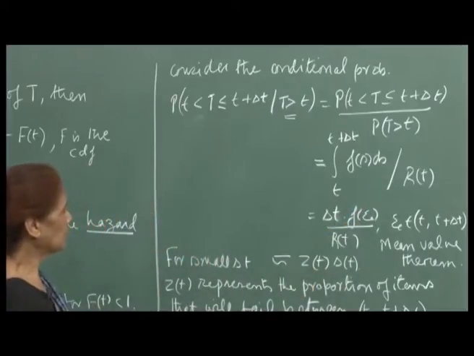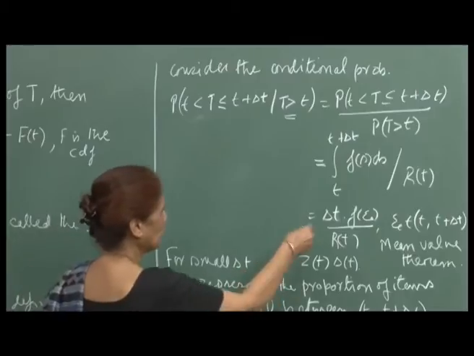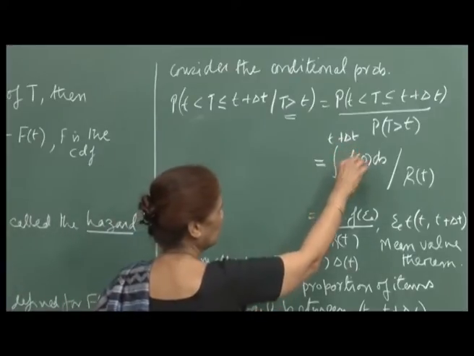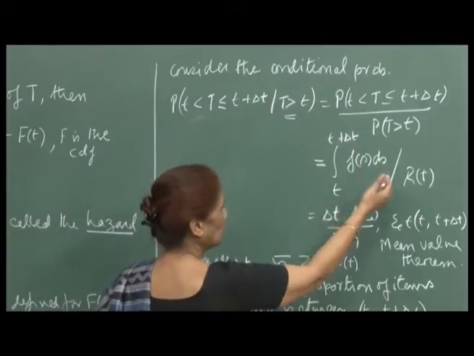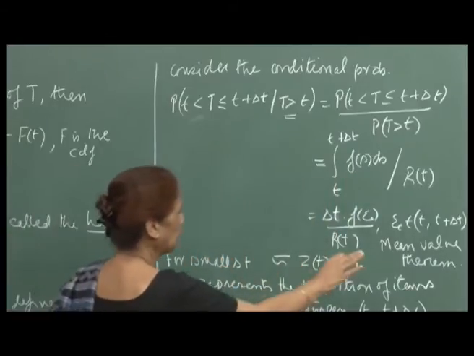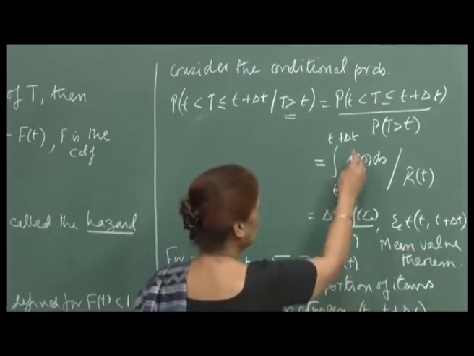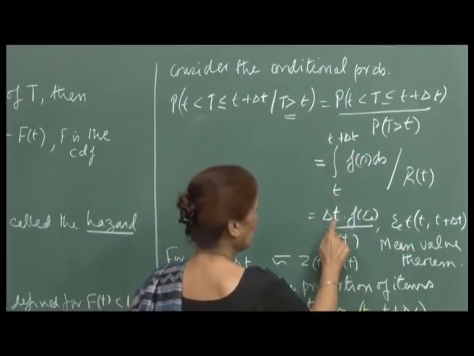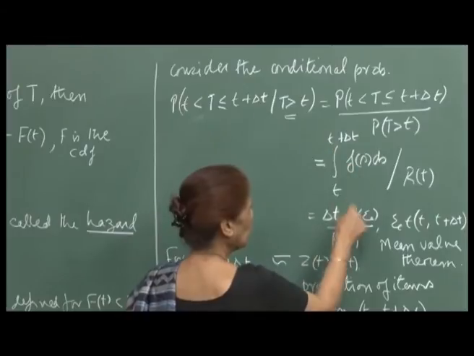Now, by the mean value theorem of integral calculus, this integral can be written as delta t, the length of the interval of integration, times f at a point.